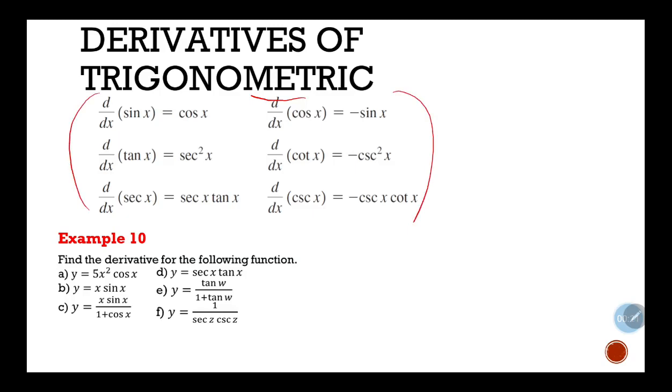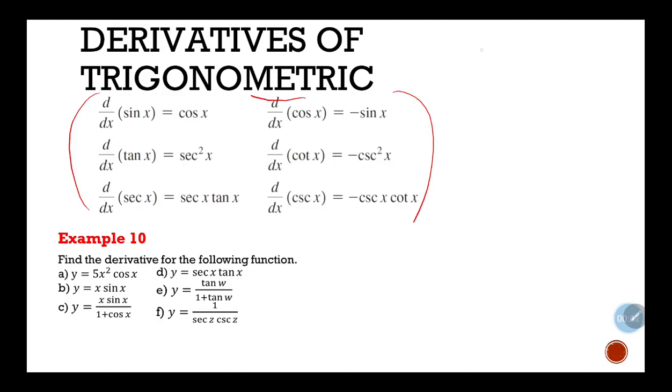You have to memorize. Okay, the derivative of sine x is cos x, and the derivative for cos x is minus sine x. And the derivative for tan x is secant square x. What is secant again?